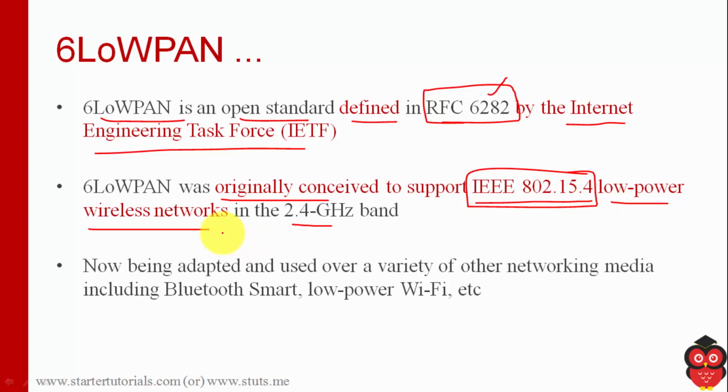It was originally developed for providing routing functionality on top of this technology. But nowadays it is being adopted for providing routing on top of smart Bluetooth, or you can say Bluetooth low energy, and on top of low power Wi-Fi and other technologies.